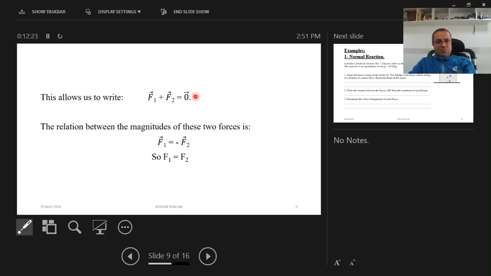This 0 means that the body S is at equilibrium and is not moving under the action of these two forces. This is called the condition of equilibrium. F1 equals minus F2 in vectors, opposite vectors, but in magnitude F1 equals F2.